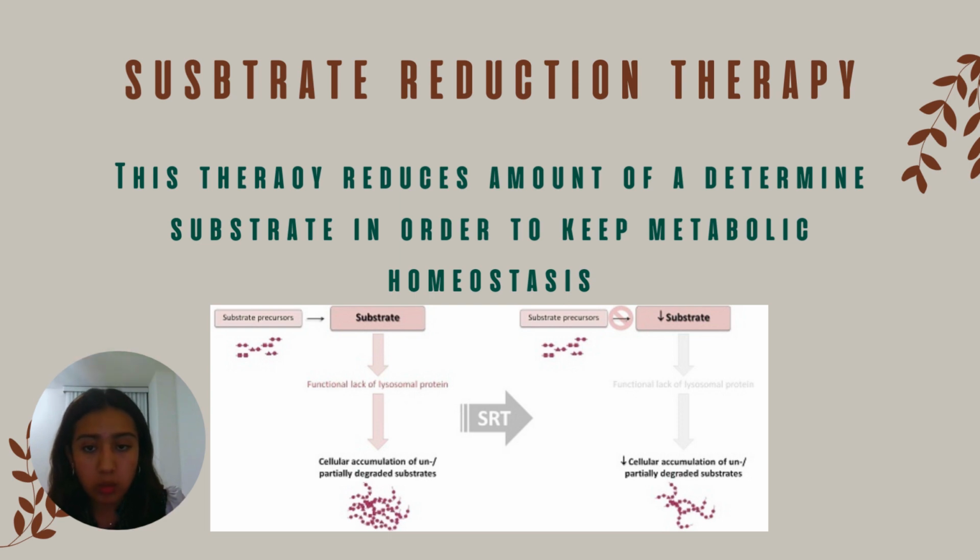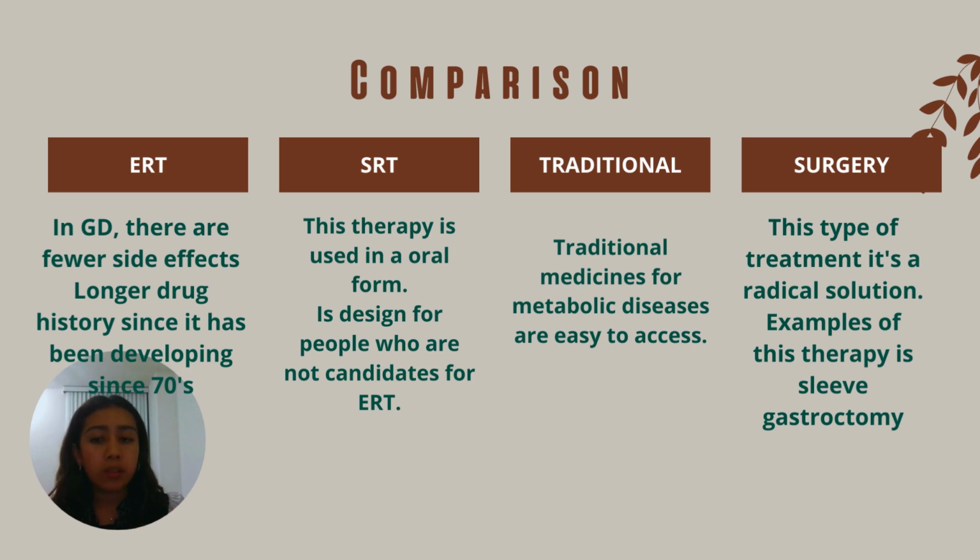We can see how substrate precursors may produce substrate, and this substrate, in the absence of some protein, could lead to accumulation. Meanwhile, the substrate reduction therapy reduces substrate precursors, inhibiting substrate production. So we keep homeostasis.